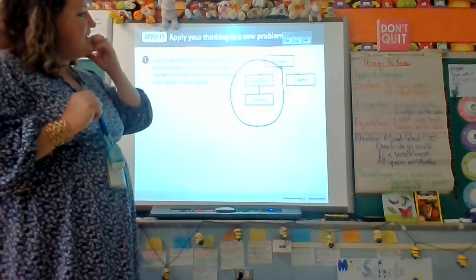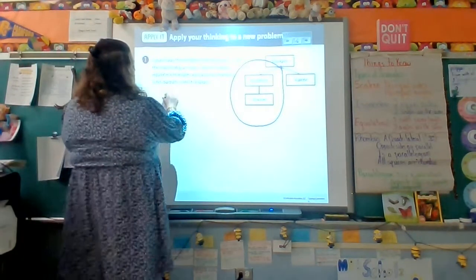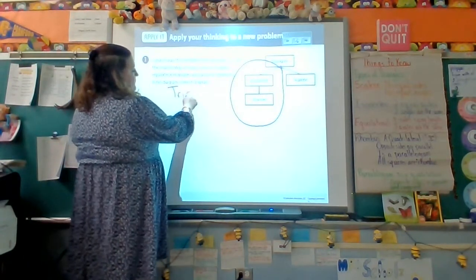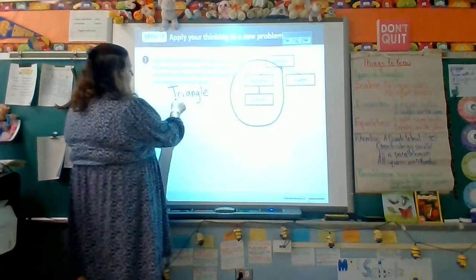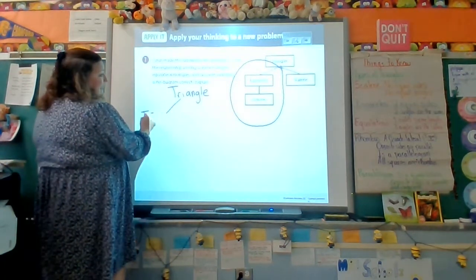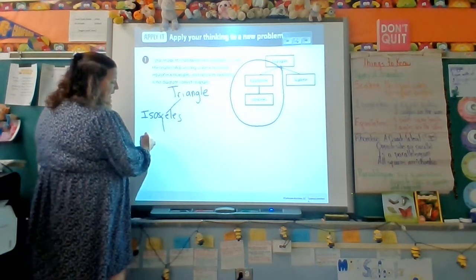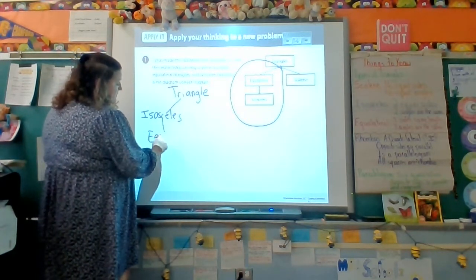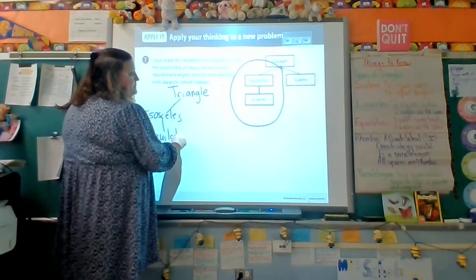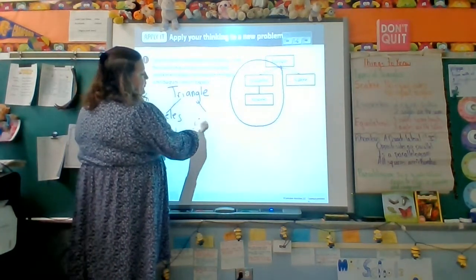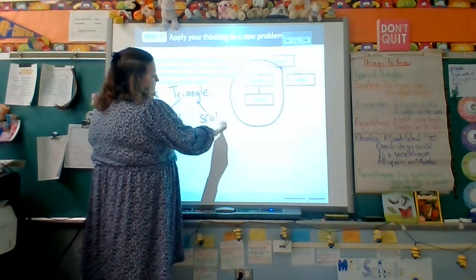So to correct this issue, we would have triangles up here, okay? Then here I would put isosceles. Then after that, I would put equilateral. And of course, scalene is all by itself.